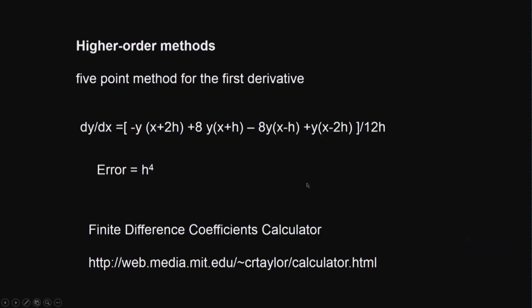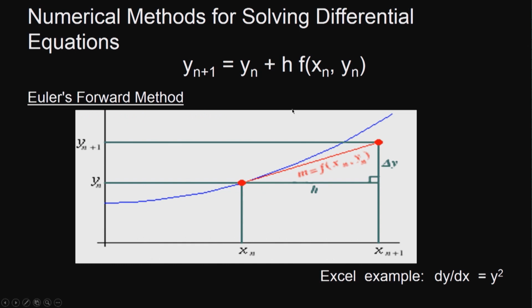In the same way here also, y(n plus 1) is equal to y(n) plus h times f(xn, yn). So if I know the value of y at a certain time point, and I want to find out the value at the next time point, plus h, then I do y(n) plus h into f(xn, yn).